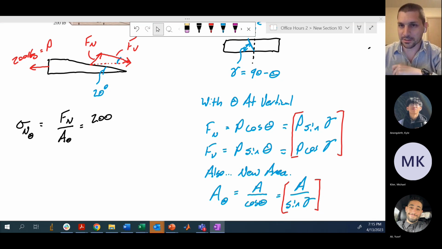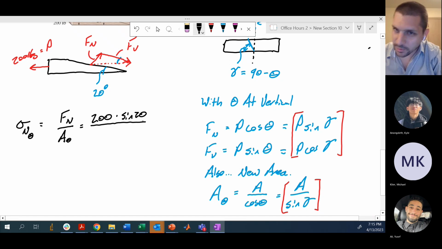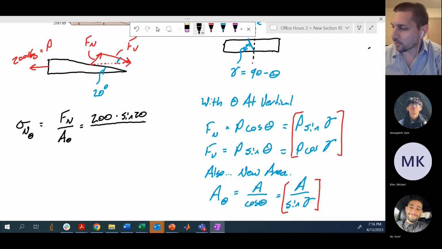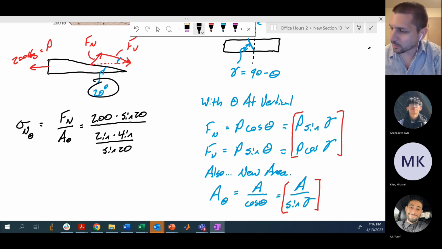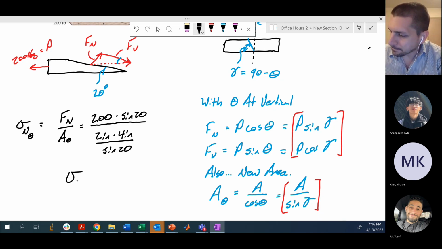This is going to be 200 pounds times the sine of 20 over the modified area. We were given a cross-sectional area of 2 by 4, so 2 inches times 4 inches, and this area is modified by the sine of 20, since we're taking this 20-degree angle, which is the angle with the horizontal. All this together, the normal stress on this inclined plane is 2.9 psi.